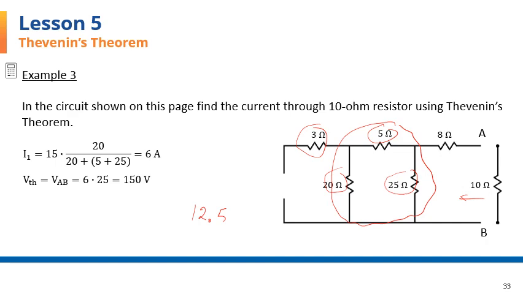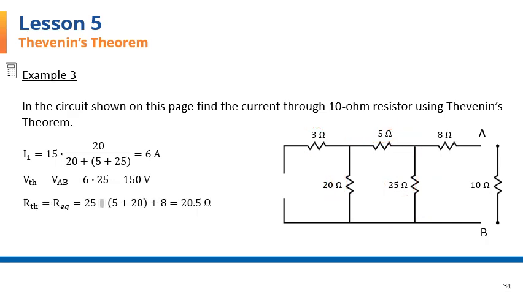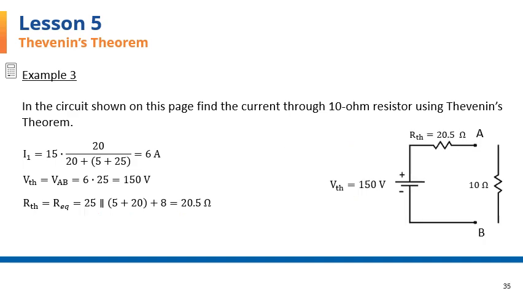Let's look at the calculation on the next page. We have 25 in parallel with the other 25 plus 8, and the total comes to 20.5 ohms. That's R equivalent here, which is the same as RTH by definition. Now that we have both VTH and RTH, we can form the Thevenin equivalent circuit.